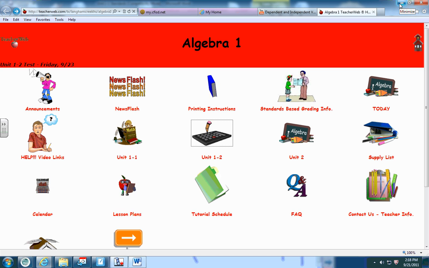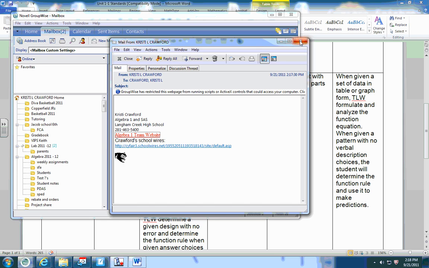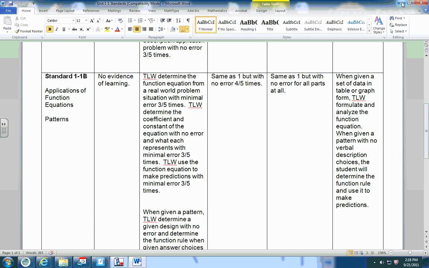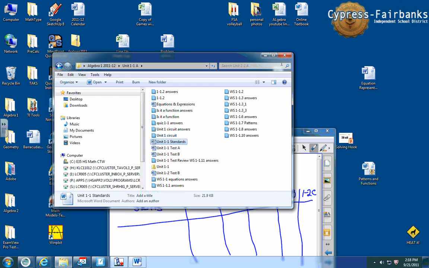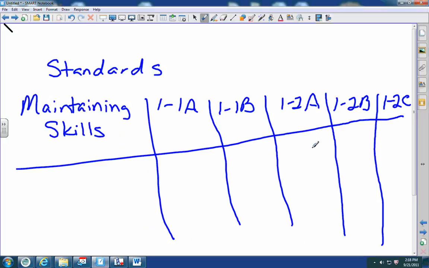Now let's go back and talk about these standards. Say that in the maintaining skills standard they got a 1. In this standard they got a 2, and a 1 minus.